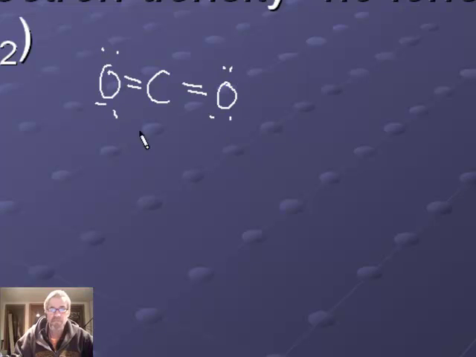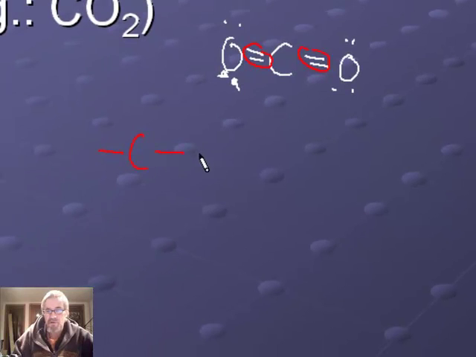Now to predict these shapes, we're not looking at the outside atoms, we're looking at the central atom. So if I look at this central carbon, I find that I have 2 regions of electron density. One there, that double bond, and the second one is there. If I have 2 regions of electron density, they're going to arrange themselves in a linear shape. They're going to get 180 degrees away from one another, and I'm going to have a linear molecule.